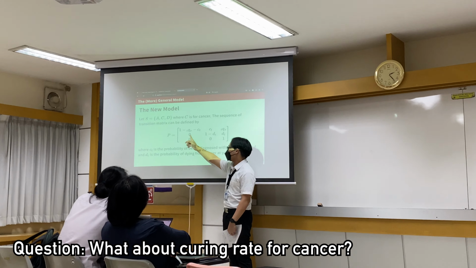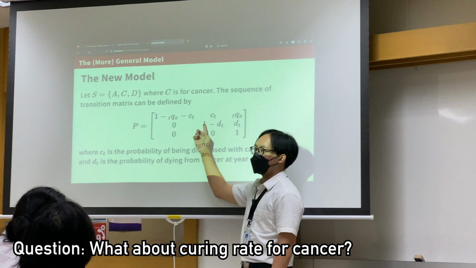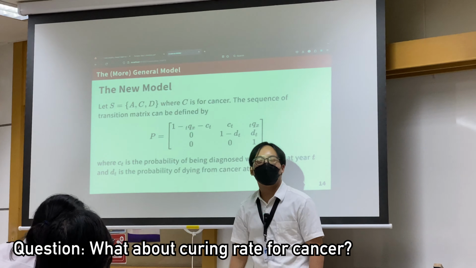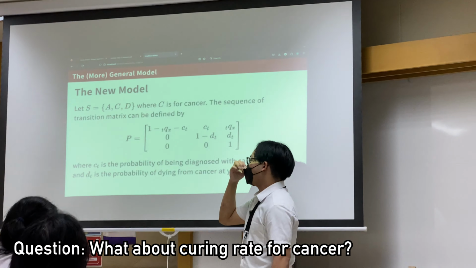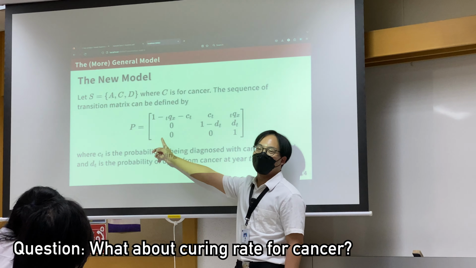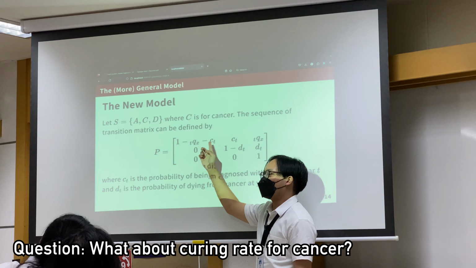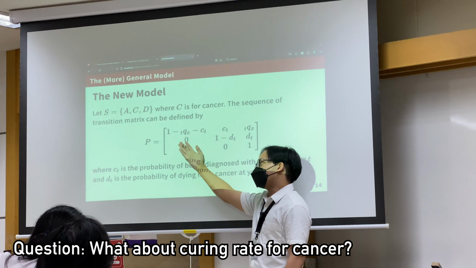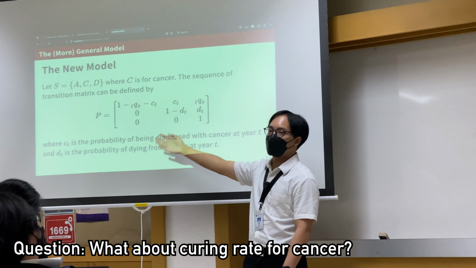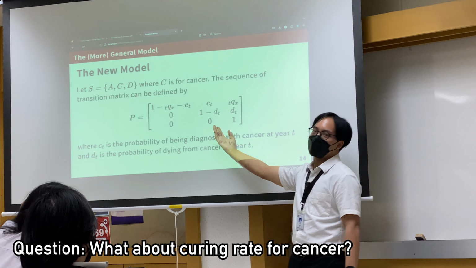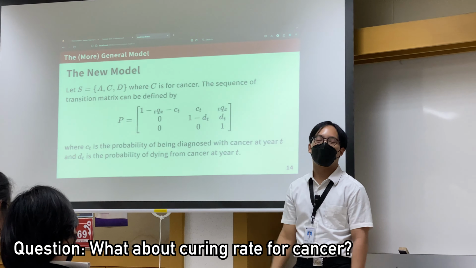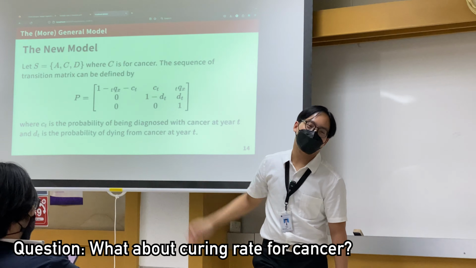That's why the probability of you having cancer and going back to being healthy is 0. I know that it's actually not 0, but I couldn't find any data on it. But if it's not 0, then the final plot should be shifted a little bit to the right. So people should be living longer because you can actually recover from cancer and not live with it the rest of your life.